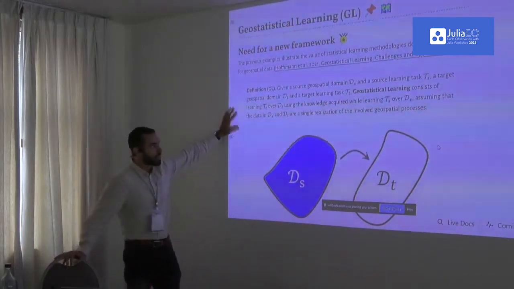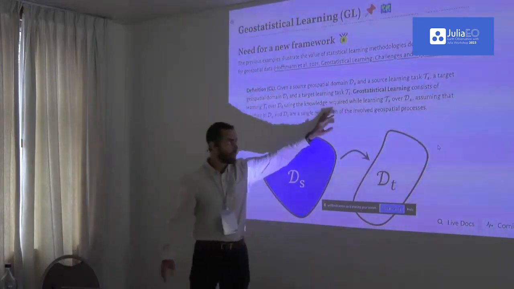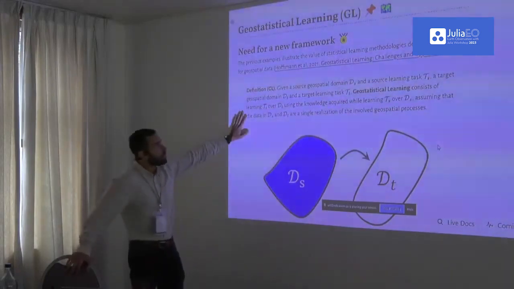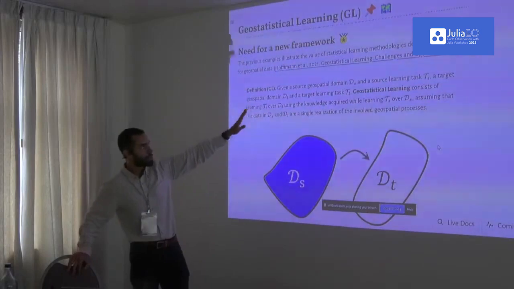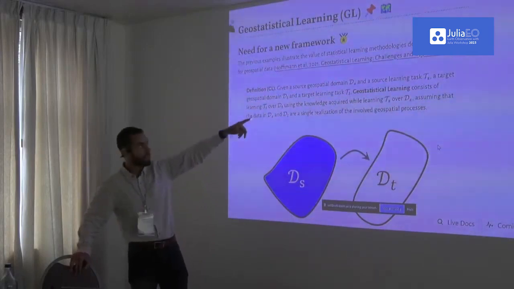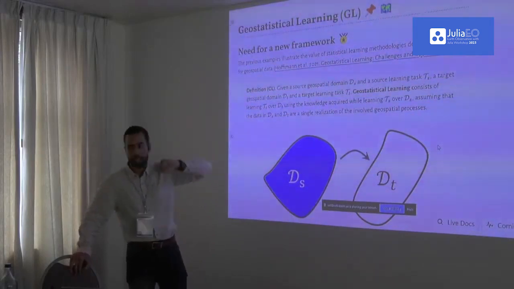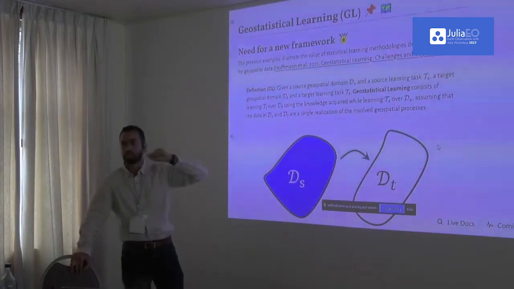So after many years developing this framework, the geospatial framework, we came up with this paper, where we tried to formalize some of these ideas and concepts. It's a bit heavy on the notation, but the concept is super simple. So what is geostatistical learning, what we've been calling here? Geostatistical learning is when you have all these elements that I was describing.